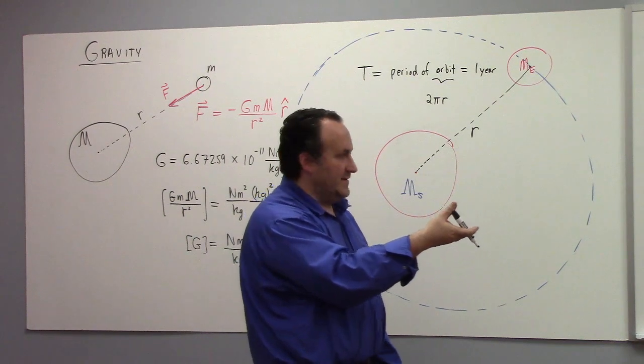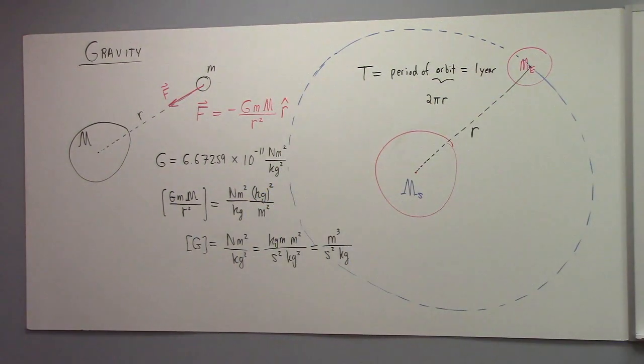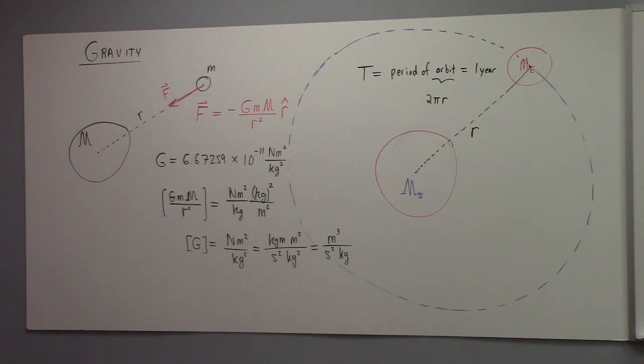The cube of the radius for the Earth, divided by the period for the Earth, also known as a year, squared, is equal to G times the mass of the Sun divided by 4 pi squared. But that's also equal to the radius of the orbit of Mars cubed, divided by the period for Mars. How long is a Martian year?